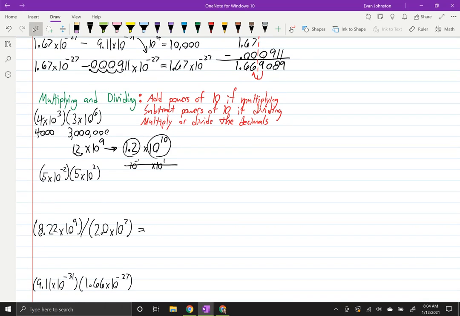So looking at this next example, we're multiplying again. It says add powers of 10 if multiplying. And so this is kind of an odd thing. Well, we have 10 to the negative 2 and 10 to the 2. We can look at it this way, negative 2 plus 2, that just becomes 10 to the 0, because negative 2 and positive 2 just cancel. And then multiplying the numbers, we just get 25. 5 times 5 is 25.